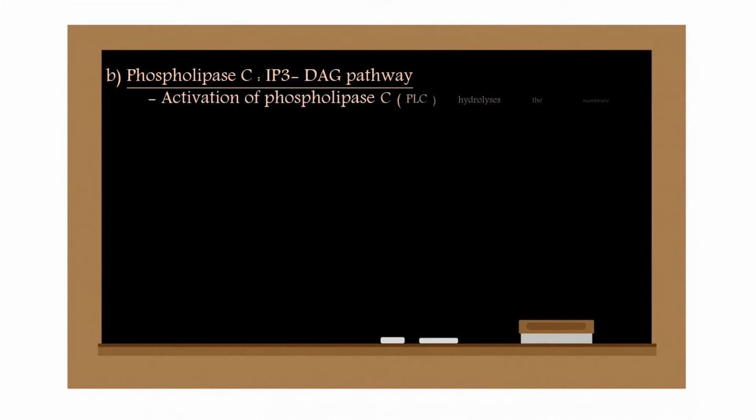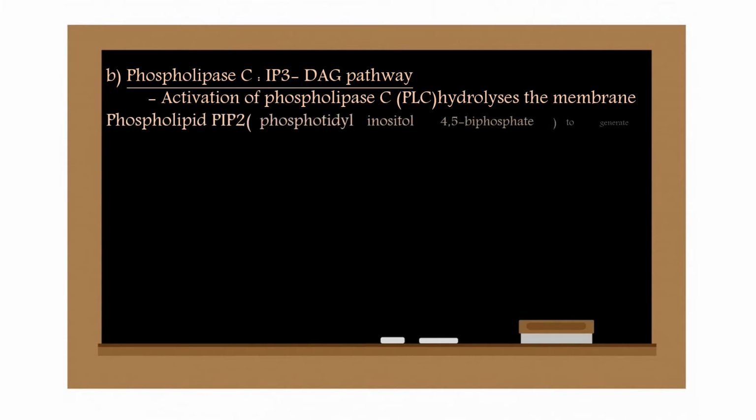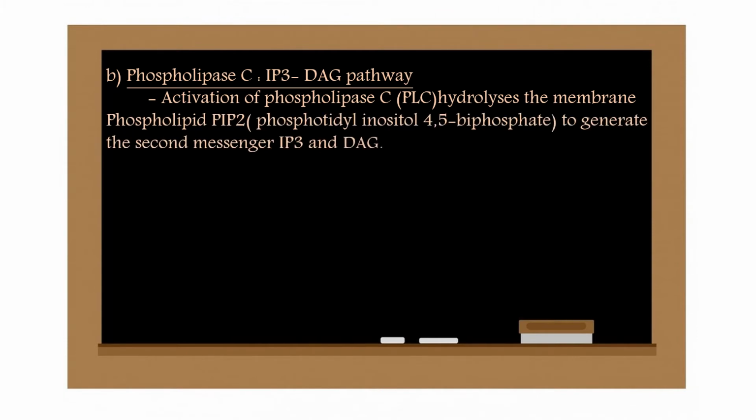Next one is through phospholipase C, that is the IP3-DAG pathway. Activation of phospholipase C hydrolyzes the membrane phospholipid PIP2 to generate the second messengers IP3 and DAG.